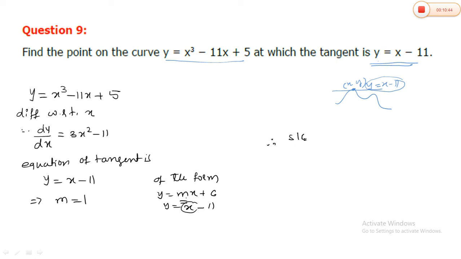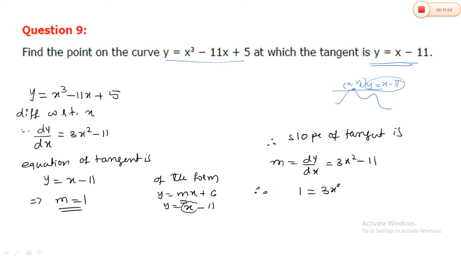The slope of the tangent is m equal to dy by dx equal to 3x square minus 11. Therefore m equal to 1 equals 3x square minus 11. So 3x square equals 12, x square equals 4, x equal to plus or minus 2.